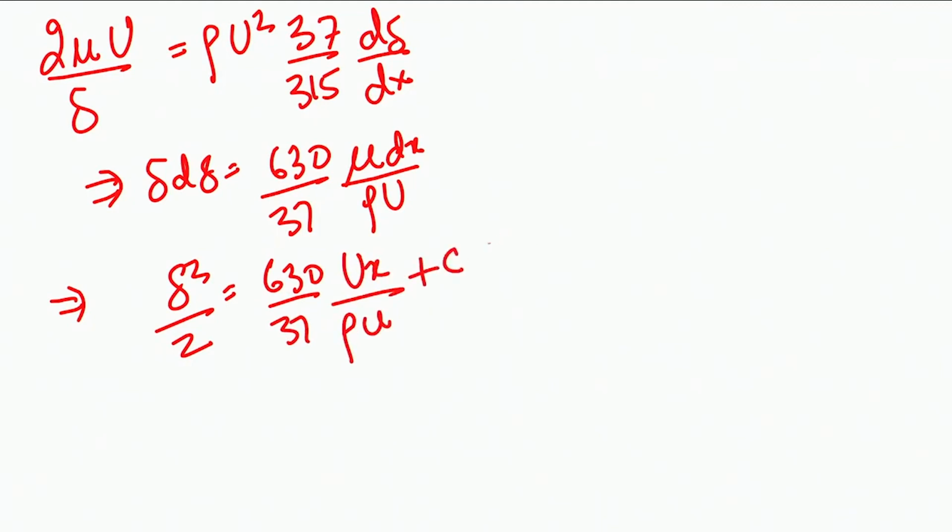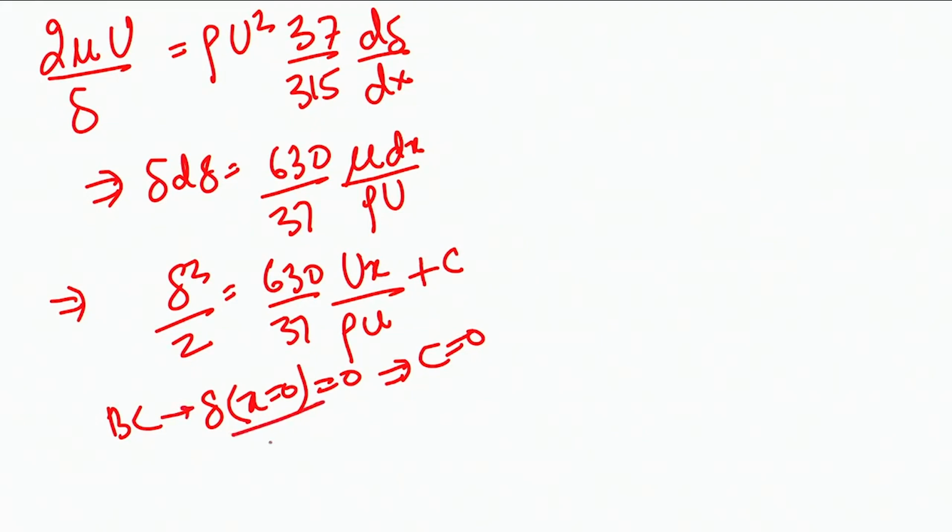Okay, the boundary condition is that at the leading edge the boundary layer thickness is going to be 0, which gives c equal to 0.